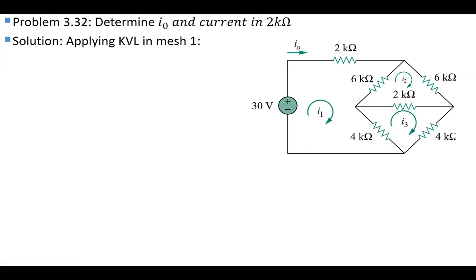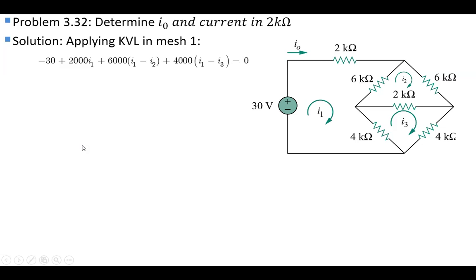So we need 3 equations. How can we construct the equations? We can apply KVL in each mesh. Because this circuit contains only one DC battery, we can easily apply KVL; there is no problem in this.